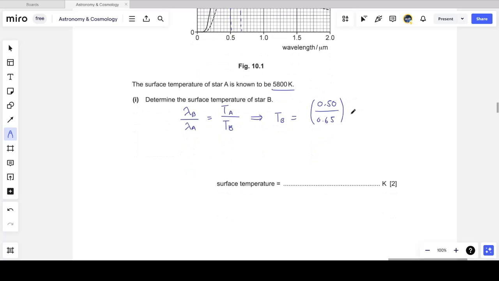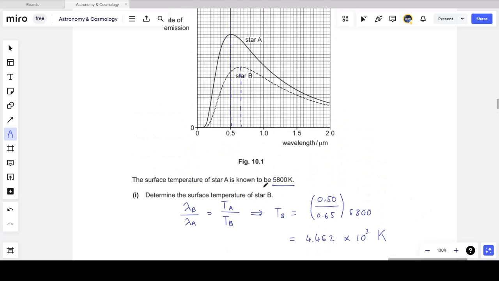Then we multiply this by the temperature of A, 5,800, and hence using Wien's law we get this surface temperature to be 4.462 multiplied by 10 to the power 3 Kelvin. To stick with the convention of writing the temperature in the thousands, we write this as 4,500 Kelvin with two significant figures. So the surface temperature of star B is 4,500 Kelvin.